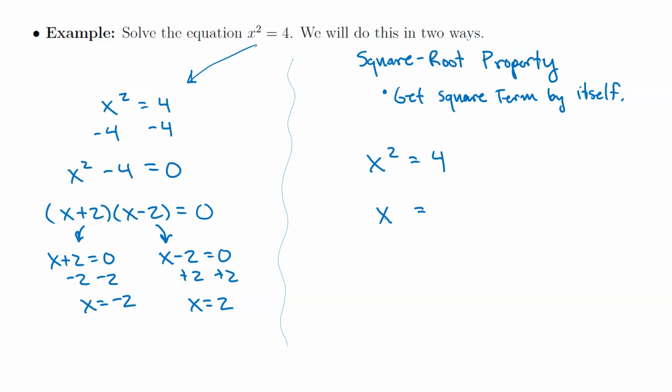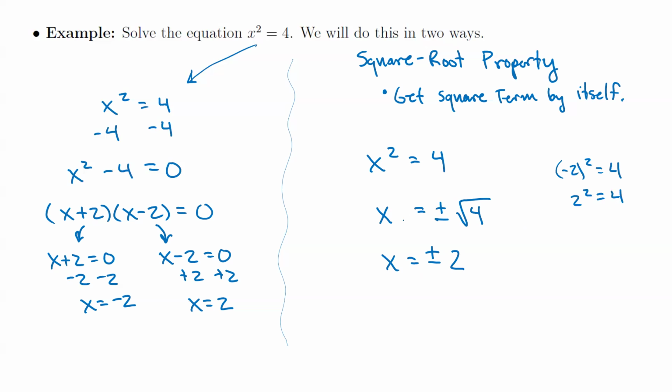We're going to understand that when you square an x and get 4, that x could be 2, but for now I'm just going to say the square root of 4, but it could also be negative square root of 4. Or in other words, it could be plus 2 or negative 2. And we, of course, understand why: negative 2 squared is 4 in the same way that 2 squared is 4.